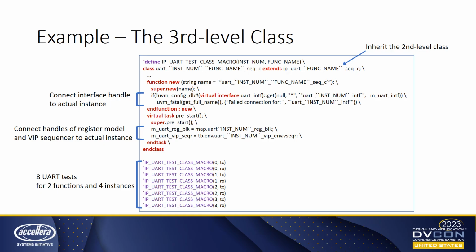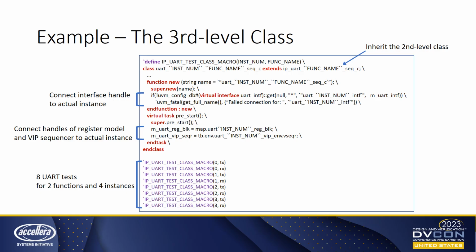Here is the third level class, the last layer of the proposed structure. There are 8 classes, and they have 2 functions for 4 instances configured using the macro method. Since we have to do the same work for many third layer classes, we use macro to solve code duplications.